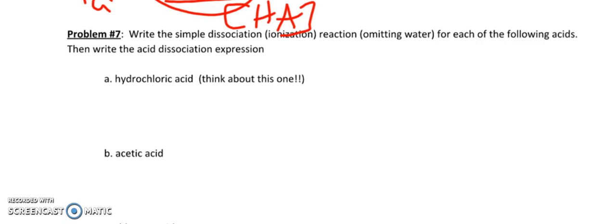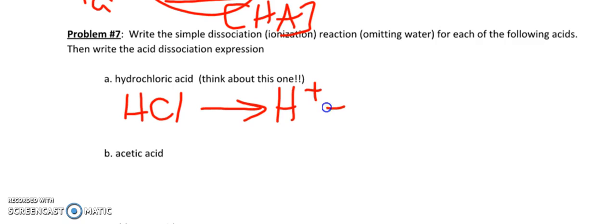Well, hydrochloric acid. Uh-oh. What do you know about hydrochloric acid? Does it ring a bell? Is it one of those big 6? Look at this. Okay, so let's think about this one. If we had 100% ionization, so no matter what my initial concentration is, guess what?